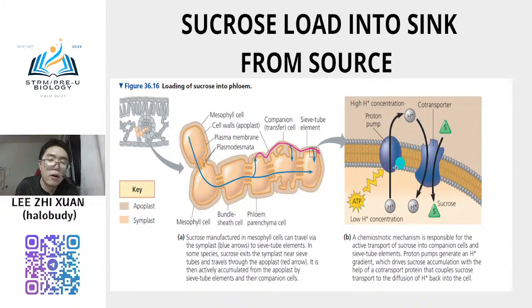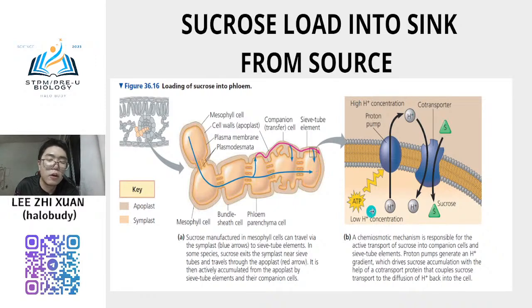So this is one type of antiport, and then this is the co-transport process. Why? Because the pumping of hydrogen ion into the cell wall will cause the electrochemical gradient, so that it is now highly energetic, and it will transport the sucrose molecule together down the concentration gradient, so that the sucrose molecule accumulated here will be together with the hydrogen ion pumped into the sieve tube element, the cytoplasm of the sieve tube element.